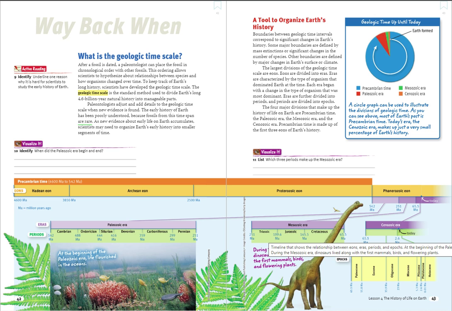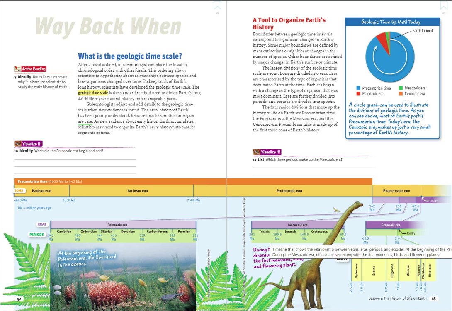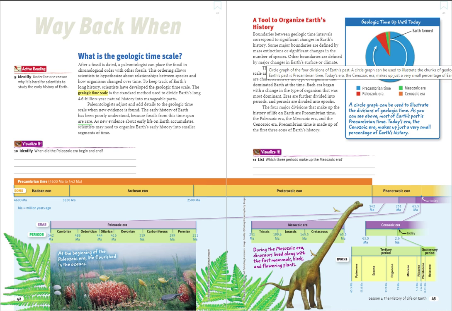And finally, the Cenozoic era till today started from 65.5 MA and proceeds till today. That is the Cenozoic era. That diagram explains the Earth's formation with a graph: the Precambrian time, Mesozoic, Paleozoic, and Cenozoic in the form of a chart, the geologic time up until today, which is related to the Cenozoic era.